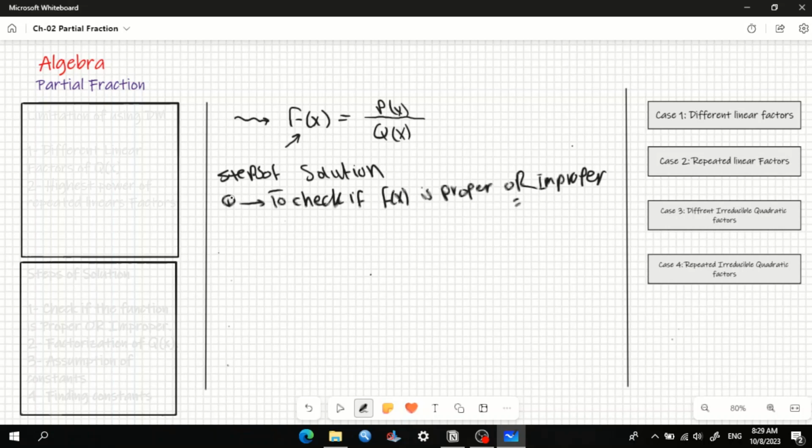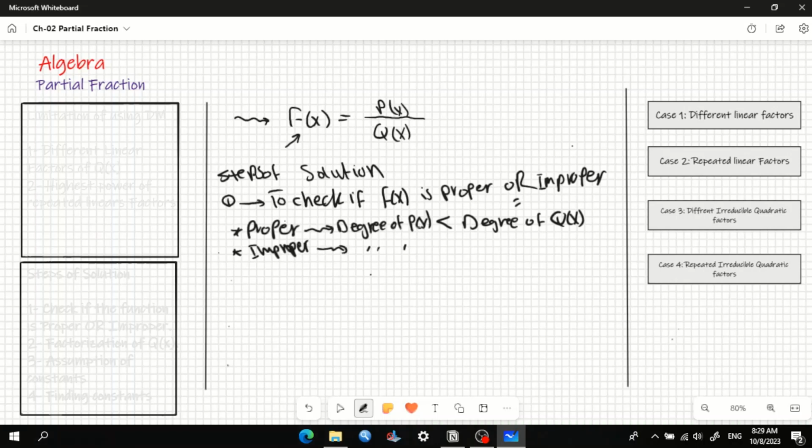Here, f of x is called proper if the degree of v of x is less than the degree of u of x, and improper if the degree is greater than or equal to the degree of u of x.